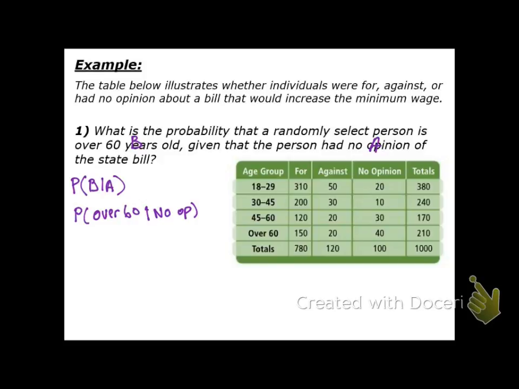So to do this, we're going to take the number of people over 60 with no opinion divided by the number of no opinion people in total.